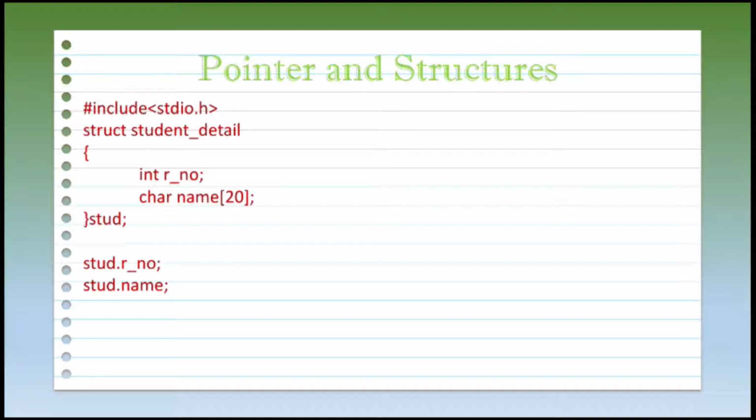So these are the two members of struct data type, that is student detail, and we have declared one variable, that is stud. So stud is the structure variable, and after that next two lines, that is last two lines, we are trying to access that.